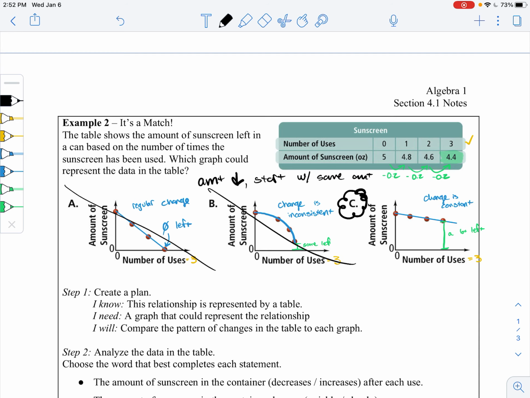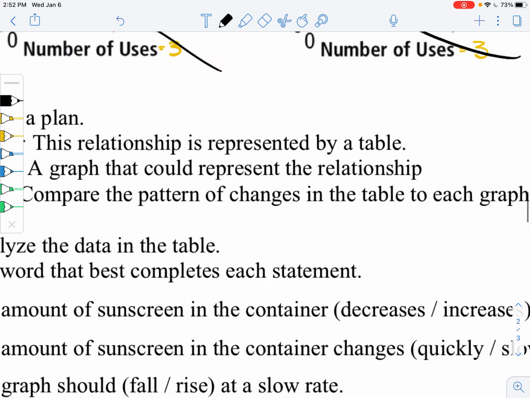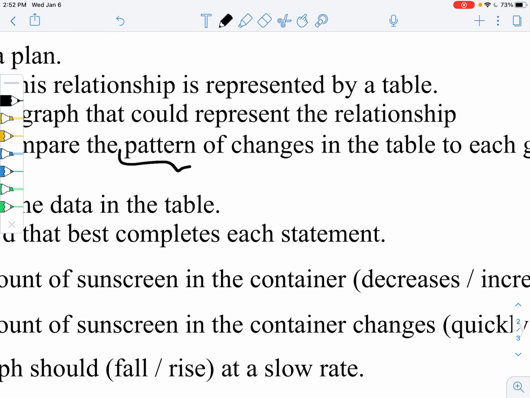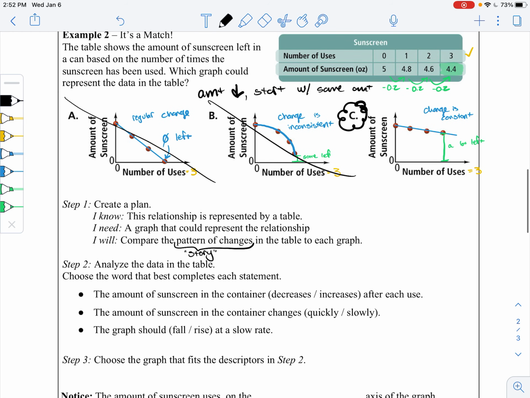Okay, so recap, what we did was, we know that the relationship is represented by a table. We needed a graph to represent the relationship, so we compared the pattern of changes in the table to each graph. The pattern of changes, I called this a story. We're figuring out what story is being told here. The amount of sunscreen in the container decreases after each use. That should make sense. It goes down every time you use it.